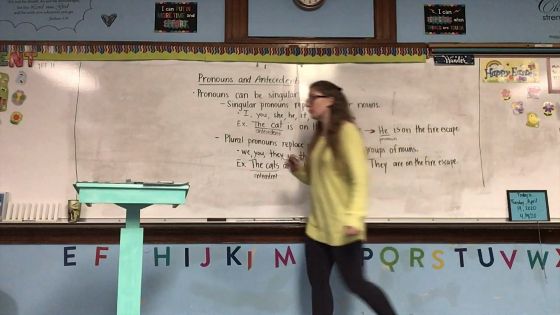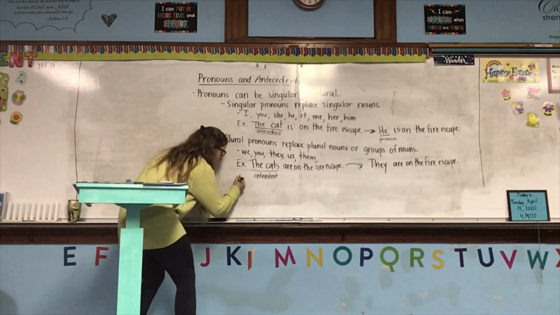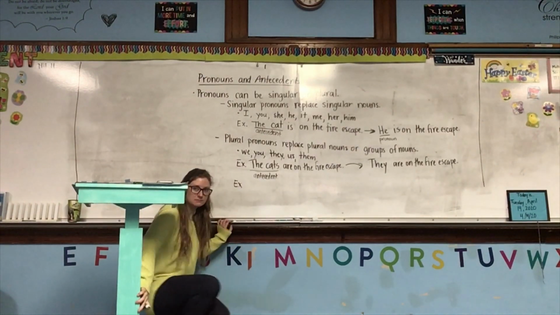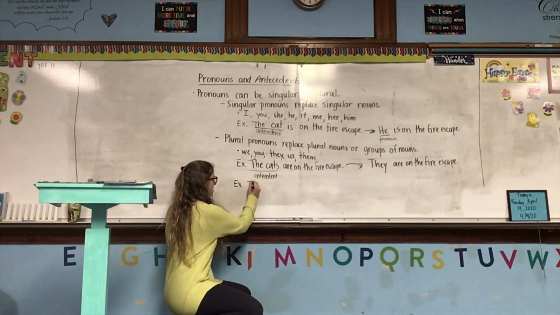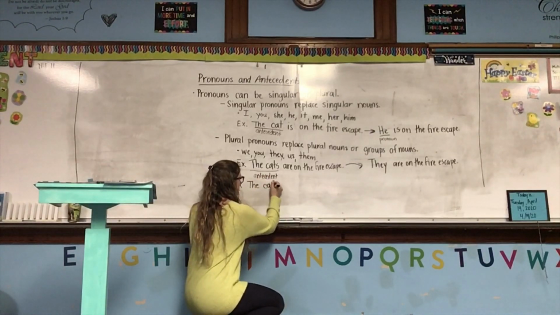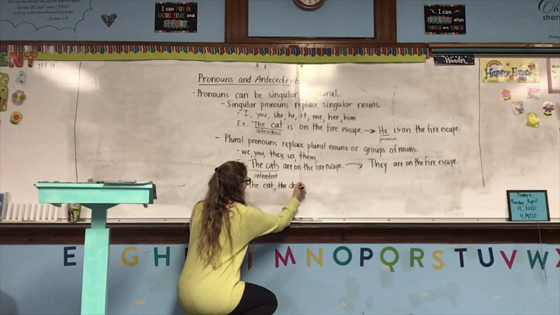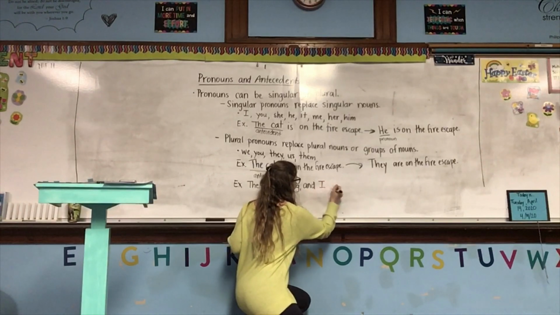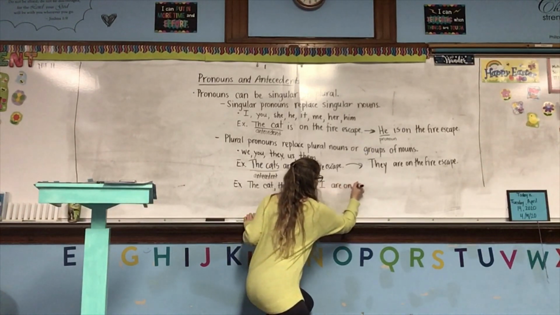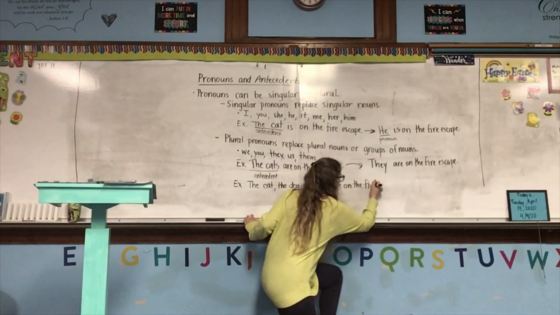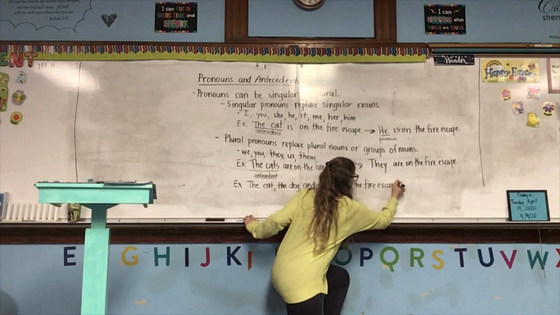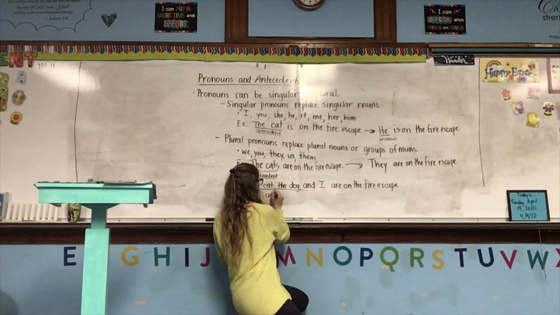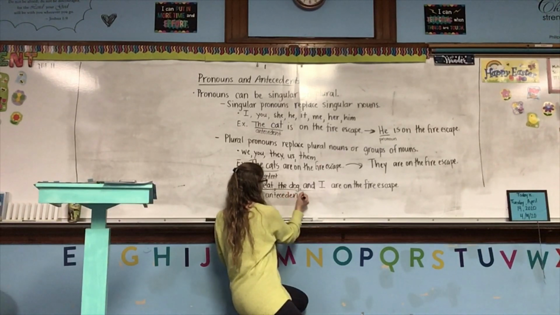Now, I could also replace a group of singular nouns. So another example is, I have to kind of bend down. The cat, the dog, and I are on the fire escape. And I want to use the cat, the dog, and I as the antecedent.